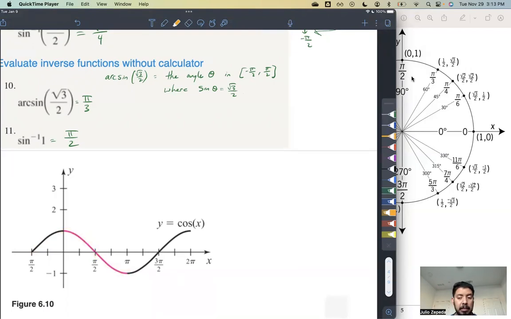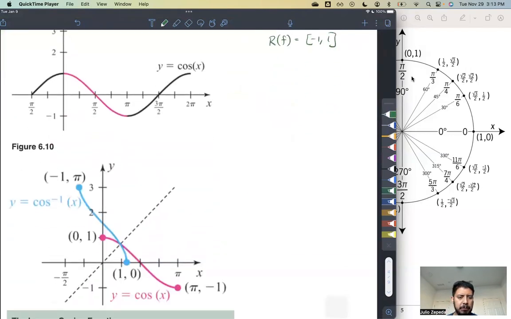So, we can use that restricted domain. For cosine, we'll use the cosine function on the interval from 0 to pi. And so the range of this cosine function is still -1 to +1.